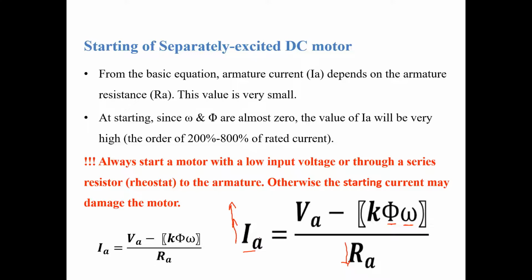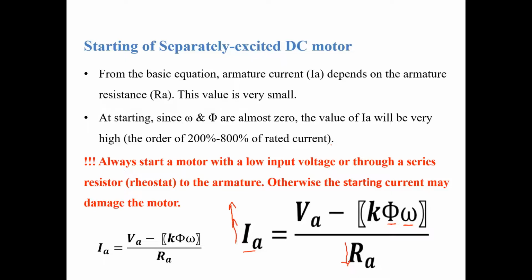Most of the time, at starting, the value of IA can be in the order of 200% to 800% of the rated current. If we allow this current to flow through the machine, the machine will be burned out.